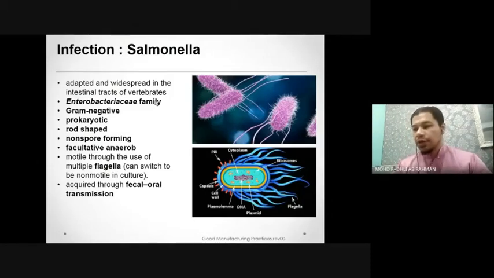And it's a prokaryote. Since it is a bacteria, it's a prokaryote, meaning that it has DNA without nucleus. The shape is rod shape, or we call it bacilli. It is non-spore forming.